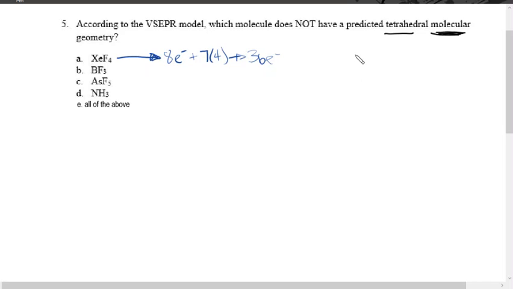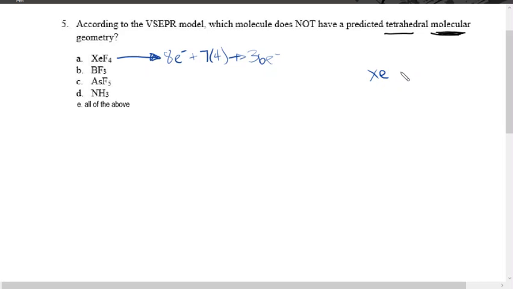What I tend to do when I have to draw a lot really quickly is, I know xenon's going to be the one in the middle because it's the most unique. I know it has 8 valence electrons, so it should have 8 electrons around it when we finish drawing it. And fluorine has 7, so it should have a total of 7 things around it when we're done.